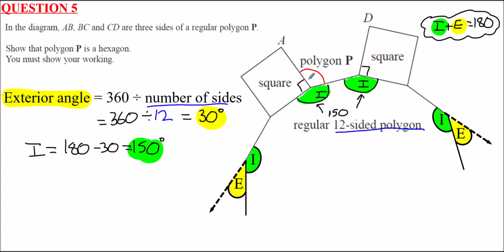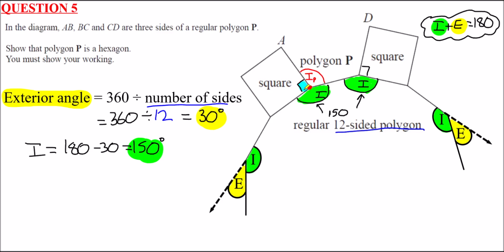So I'm going to call this interior subscript P, which means interior angle of polygon P. Angles around a point, as in here, will always add up to 360 degrees. It's like turning around a circle, you have to do a full 360.